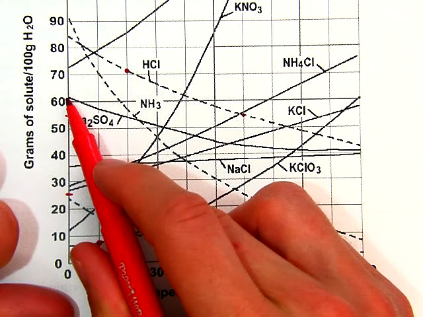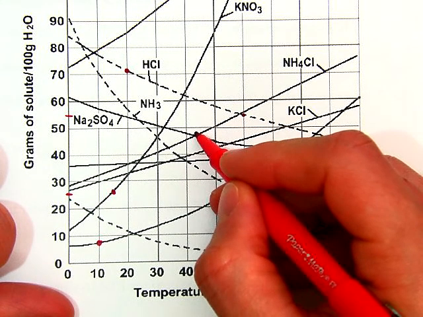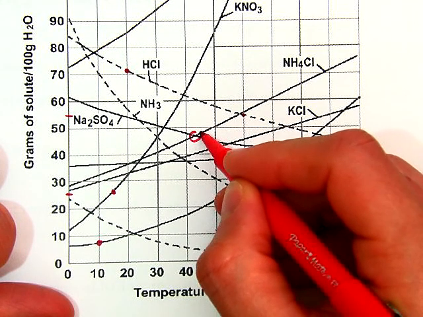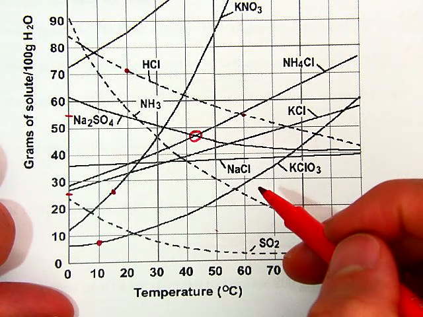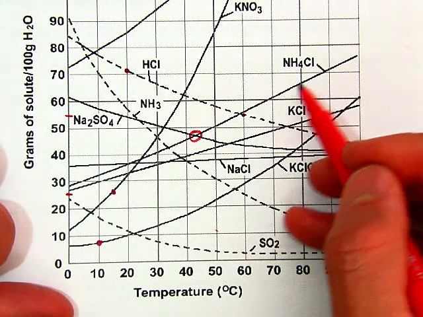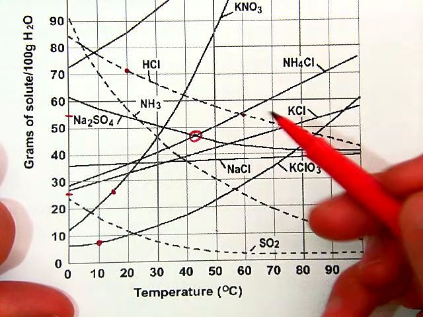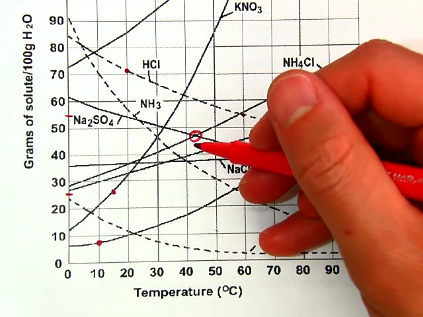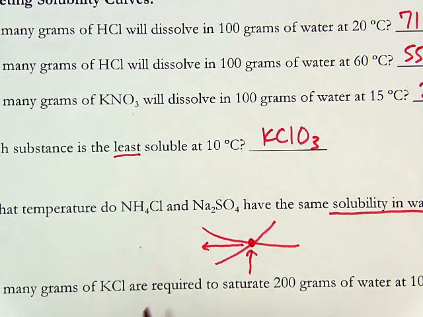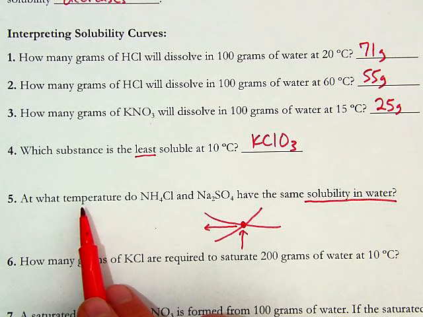So we have to see where those lines cross, which is right here, it looks like. That's where they cross. So the question asks, at what temperature do they have the same solubility?